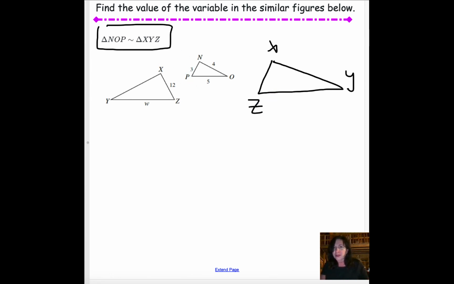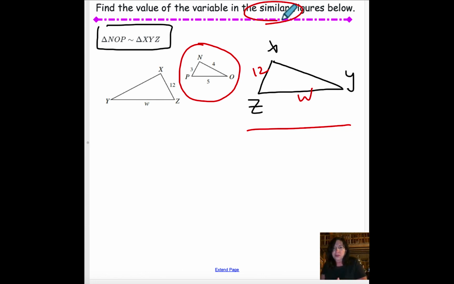So now I'm going to transfer the values that I have. I've got XZ is 12. I've got YZ, which is W. And so now I'm looking at this and this. I'm going to compare the two values, and because they are similar, they told me that. So I'm going to say 3 is to 12 as 5 is to W. And this value here, this 4, is like a distractor.